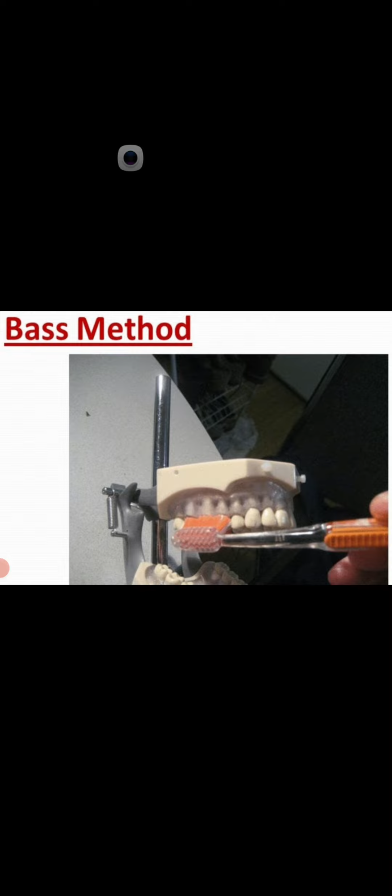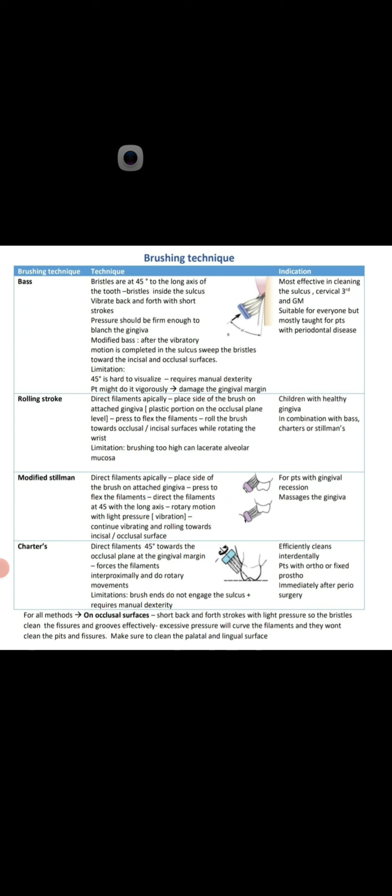Look at this diagram, to the gingival crevice. In the Bass method, bristles are at a 45 degree angle to the long axis of the tooth, bristles inside the sulcus, and vibrate back and forth, meaning forward and backward, with a short stroke.